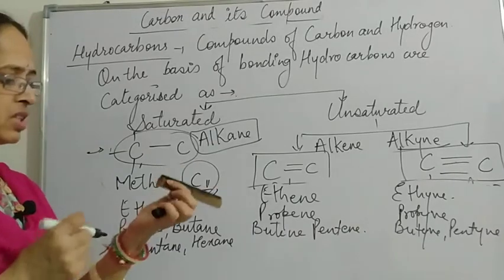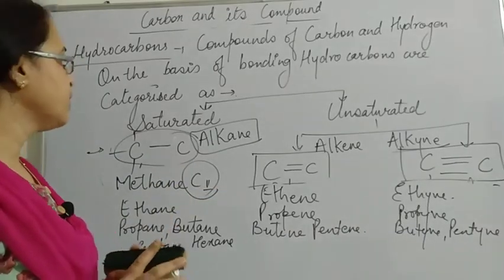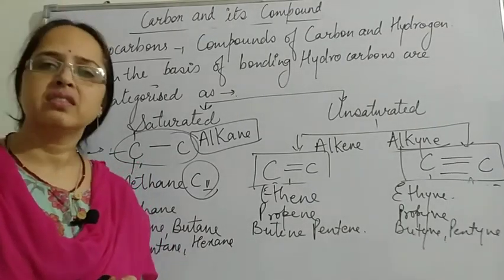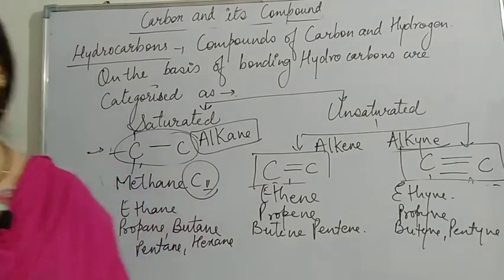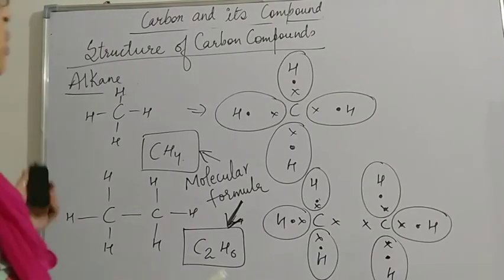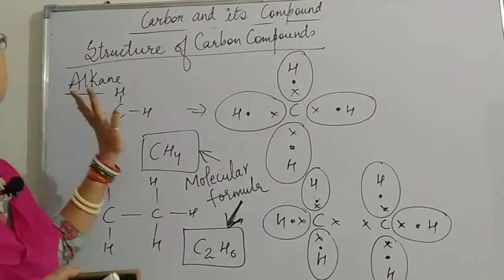Here we will now discuss the structural formula and the molecular formula of alkane, alkene and alkyne, or saturated and unsaturated hydrocarbons. Now students, we are going to discuss the structure of hydrocarbons or carbon compounds. First of all, we will discuss alkane.